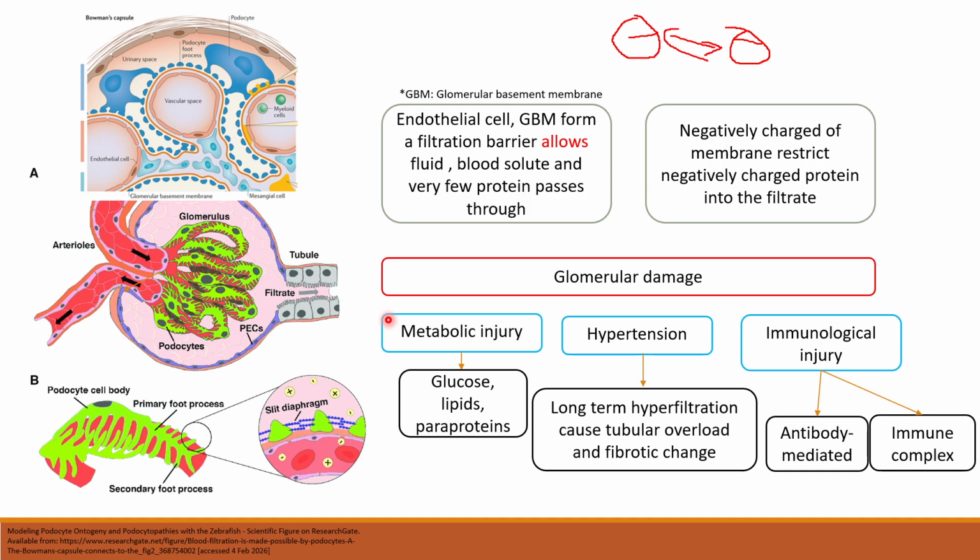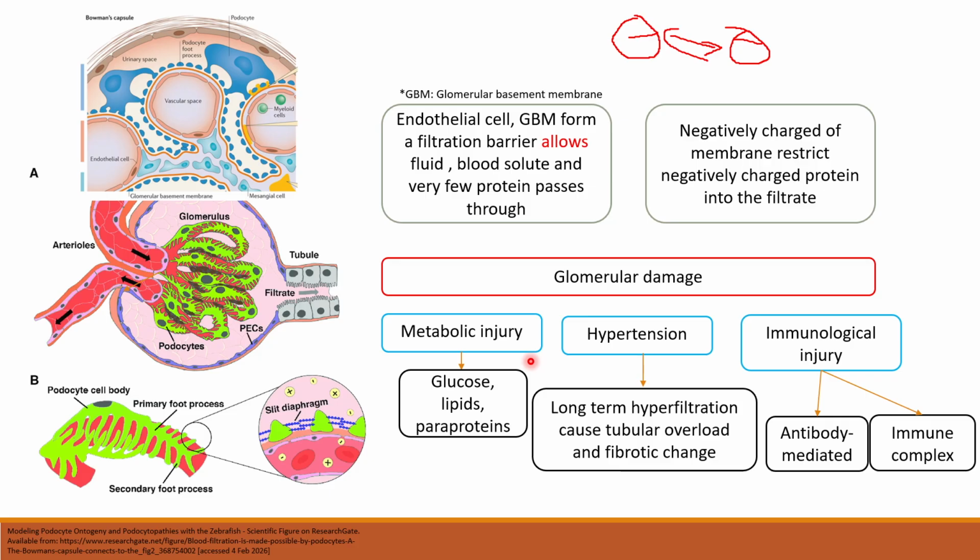When you think of glomerular damage, there are three big categories of causes. The first one is metabolic injury, and I would like to emphasize glucose here. Glucose is one of the causes of metabolic injury to the glomerulus. When there's high blood glucose, it means the patient is diabetic, right?